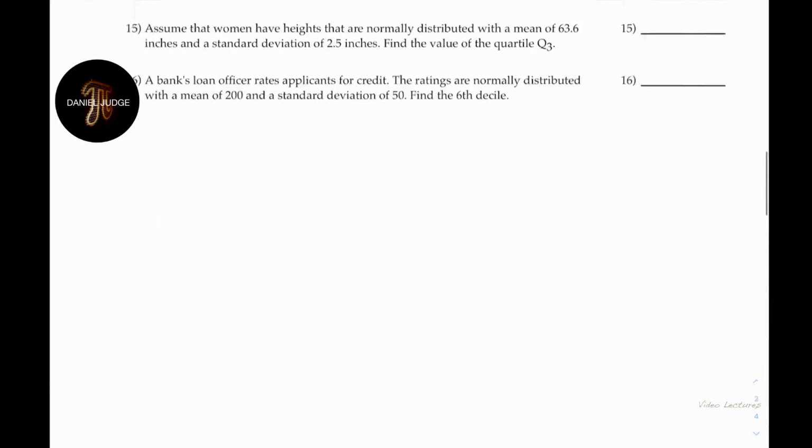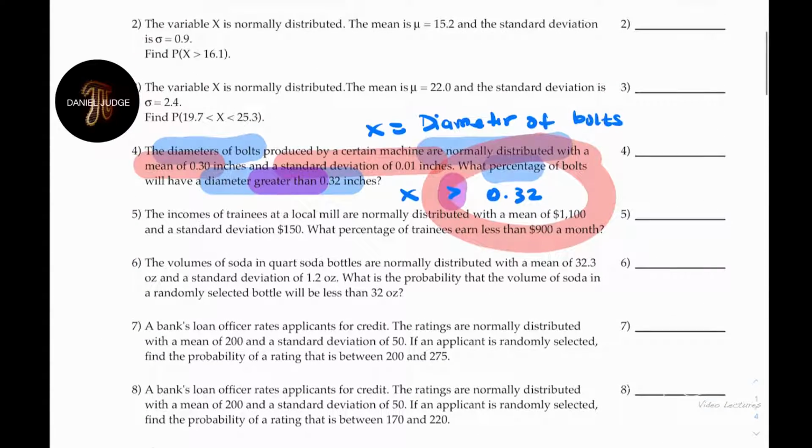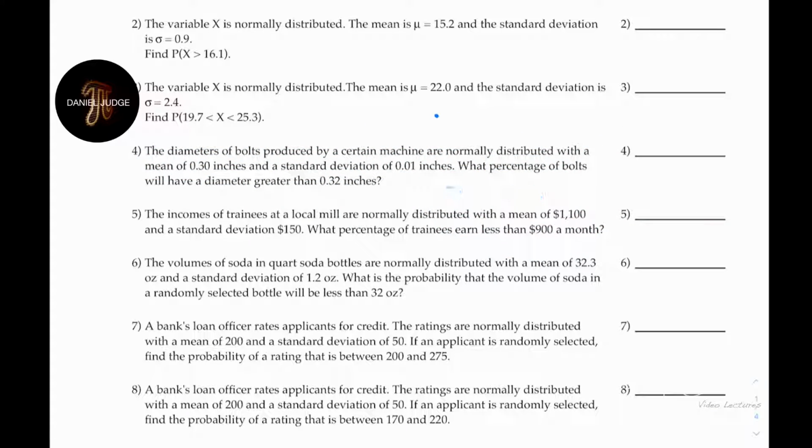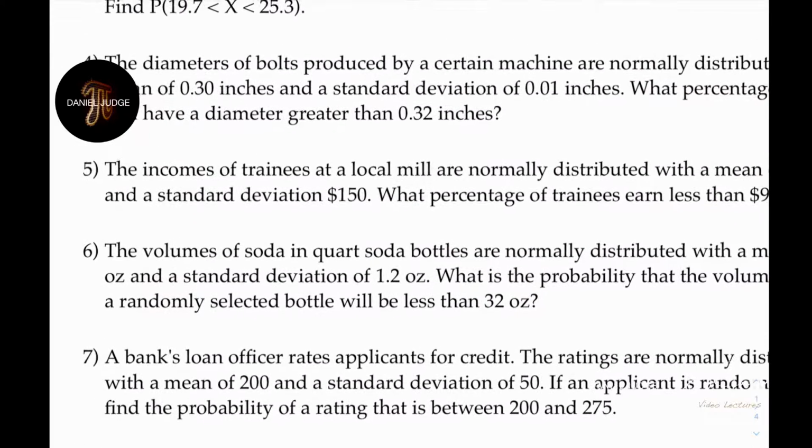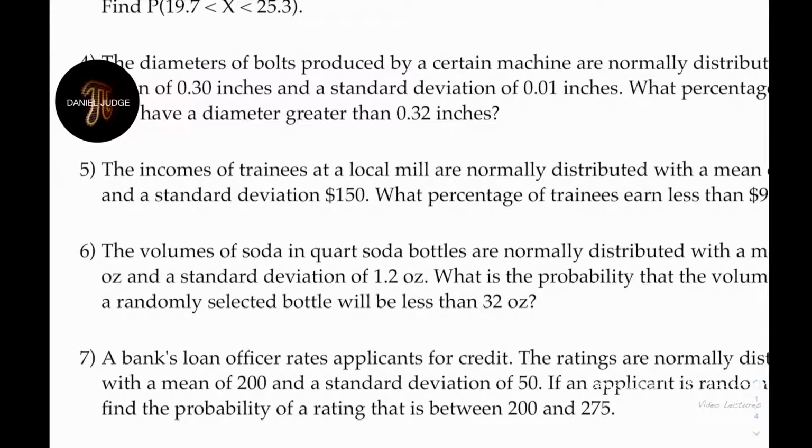Alrighty, number 5. Let's get rid of this. What are they saying, number 5? Okay, they're going to say this. The incomes of trainees at a local mill are normally distributed.